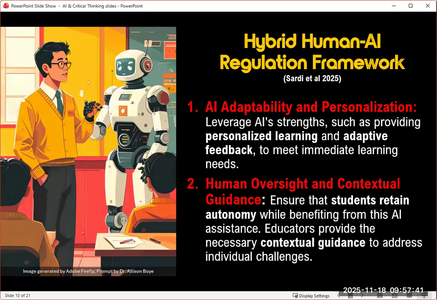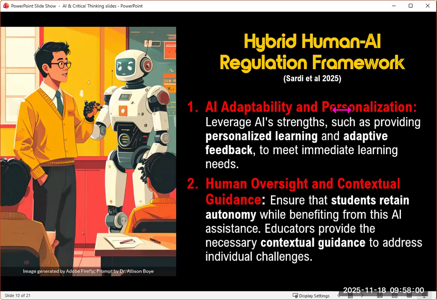So all of these things that we've been talking about, like thinking about how our students are using it, getting them to think about it, getting them to verify things, ensuring that students are maintaining that autonomy while leveraging generative AI benefits. So it has two basic components here, right?